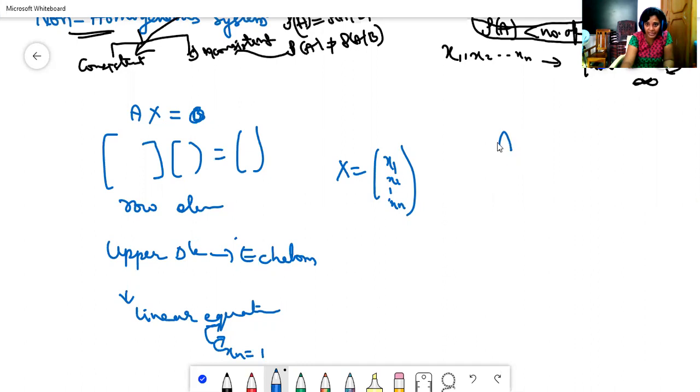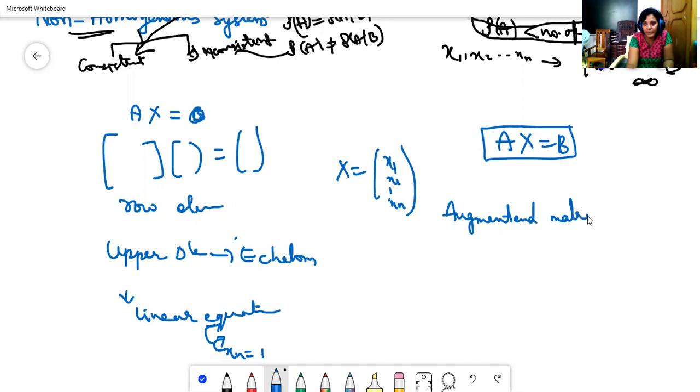If it is Ax equal to B, a non-homogeneous linear system, then we take the augmented matrix, denoted by A|B. Here we take the A matrix and here the B matrix, B1, B2, and so on, Bn.